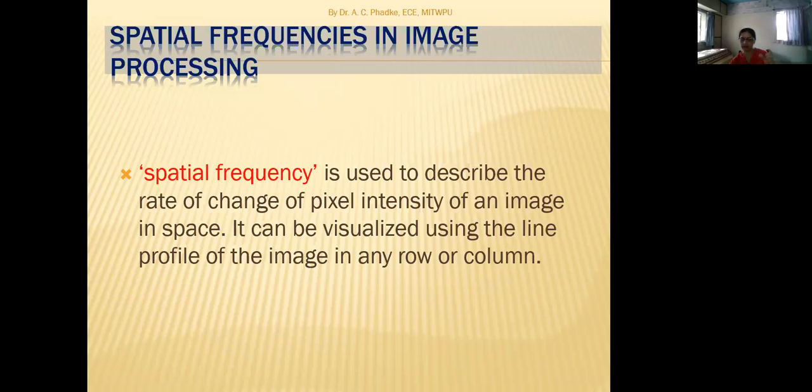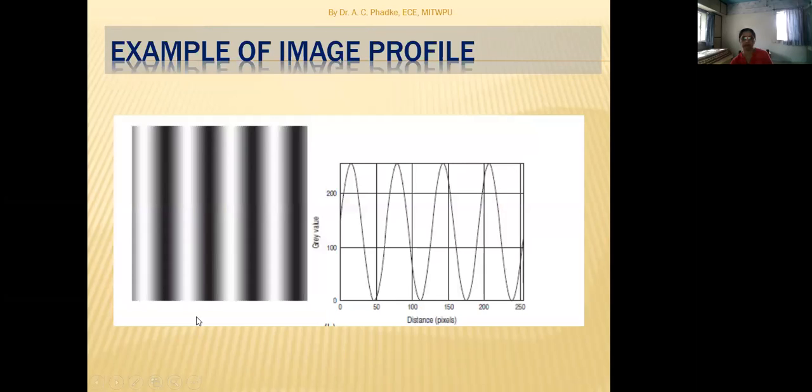This is the definition of frequency for a signal like an electrical signal. And for a signal like an image, we have the concept of spatial frequency. It basically gives you the rate of change of pixel intensity values with respect to unit distance, or with respect to image space.